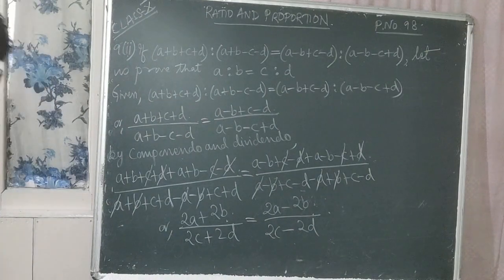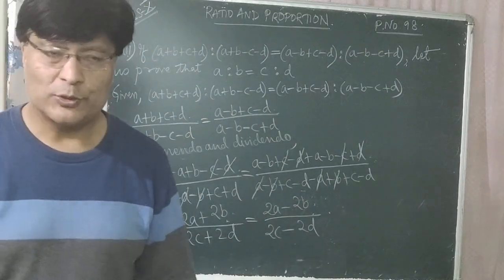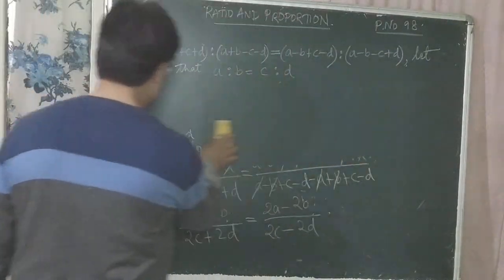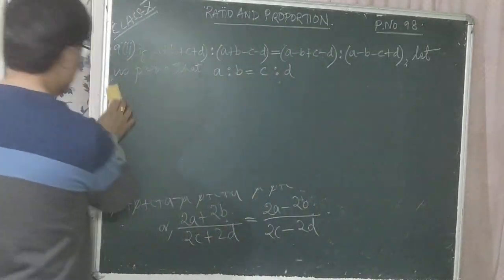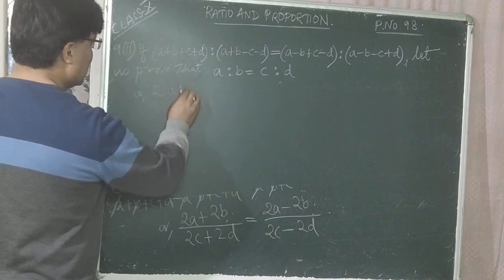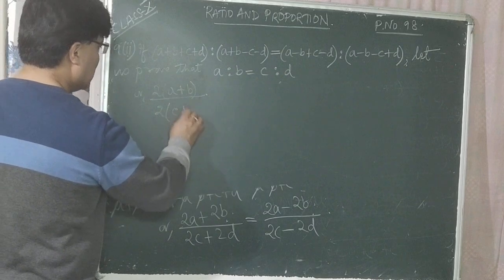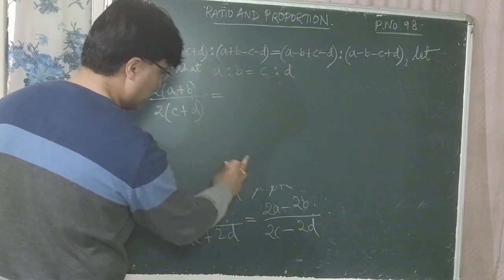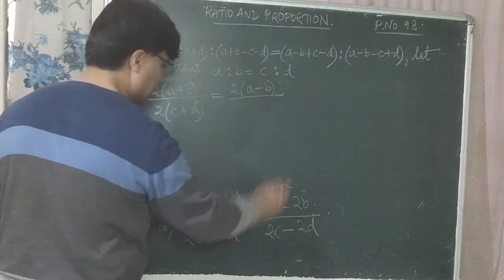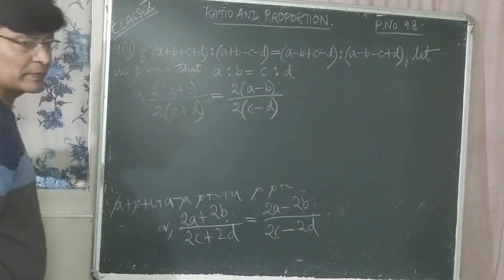So we got this simplified relation. Again 2 is taken common out there. Or 2 is taken common here within bracket: A plus B divided by, here 2 is common, C plus D, is equal to, here also 2 is common, A minus B divided by, 2 is common here, C minus D. Is that clear?